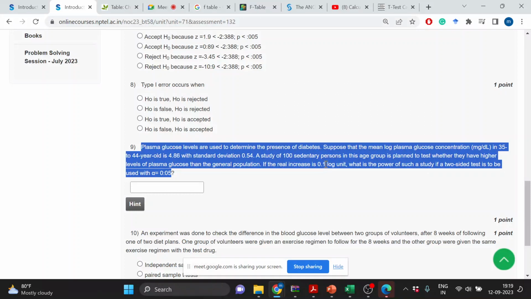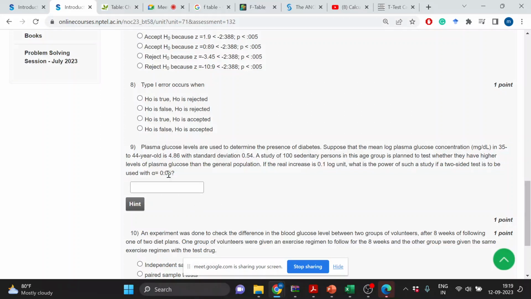So for this difference, divided by your s by root n, calculate z of that, and you need to calculate the probability of the z value being greater than your critical z. So critical z you get from this 0.05.